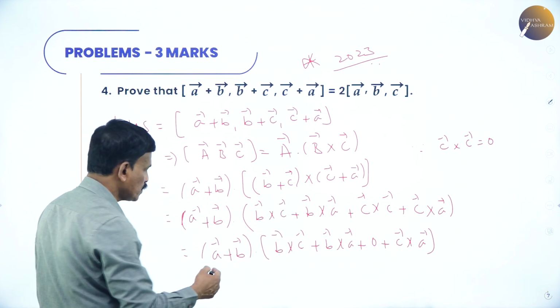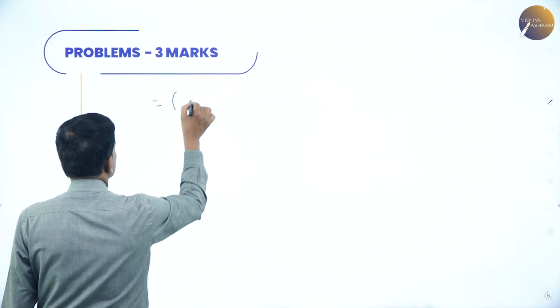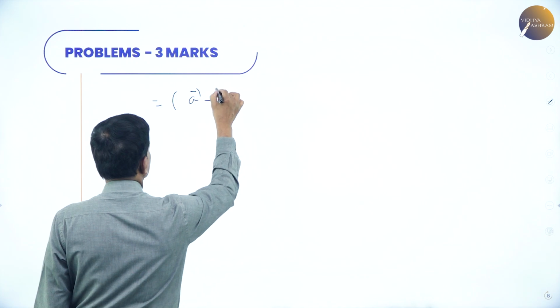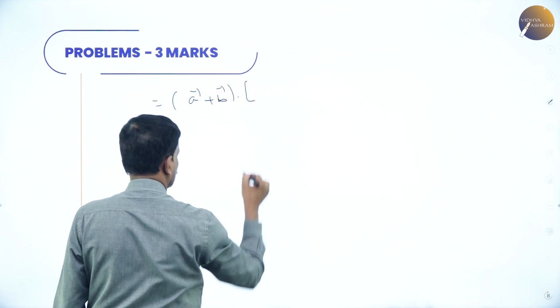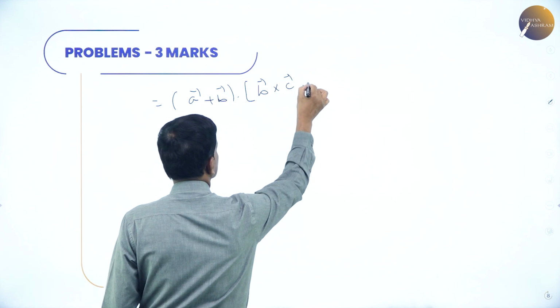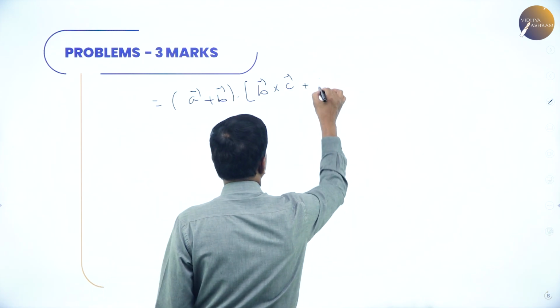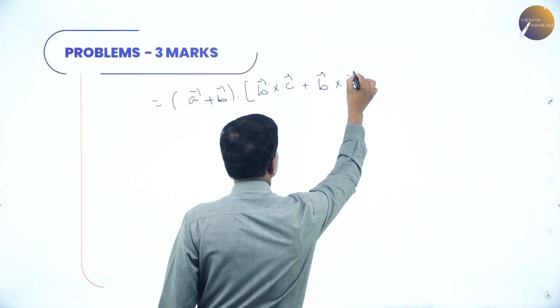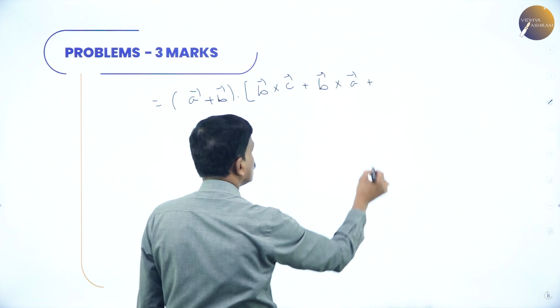I will write it on the next page. That's equal to vector a plus b dot, what is left over is b cross c plus b cross a plus c cross a.